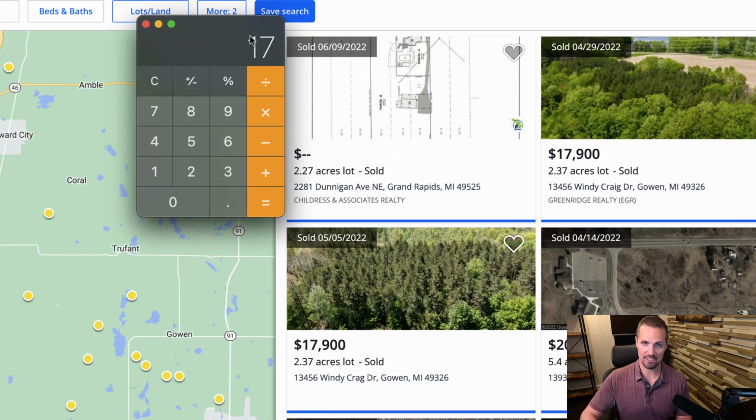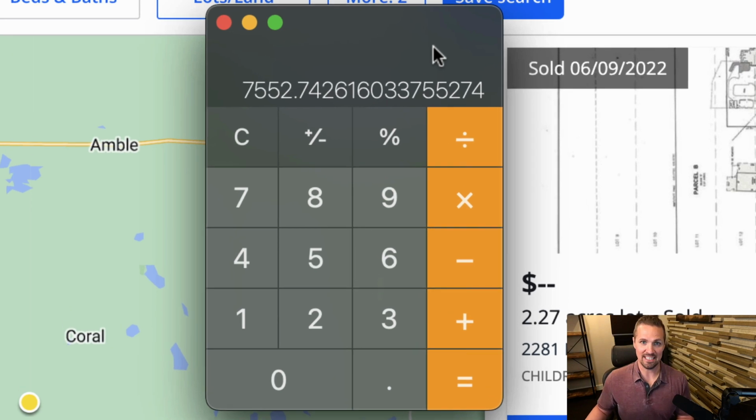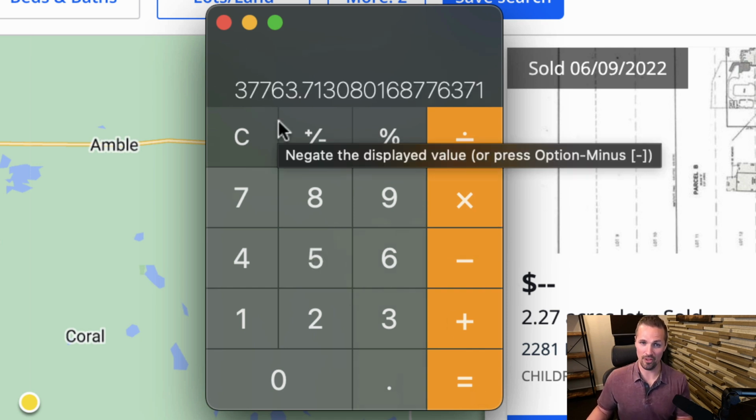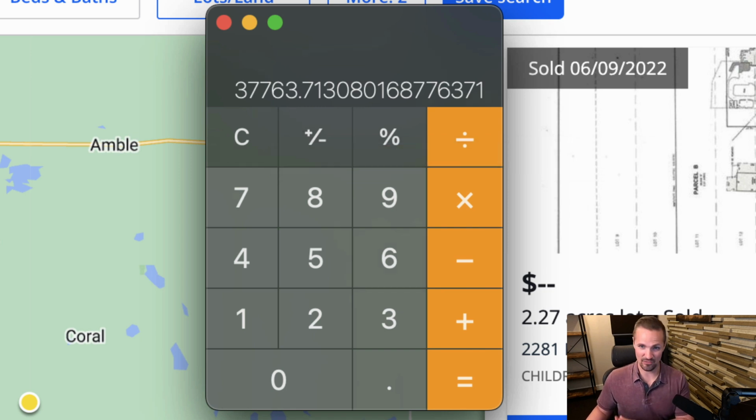We could go 17,900 divided by 2.37 and we get $7,552 per acre. We could simply take that times 5 acres and come up with our property value for a 5-acre property, assuming everything else is very similar.